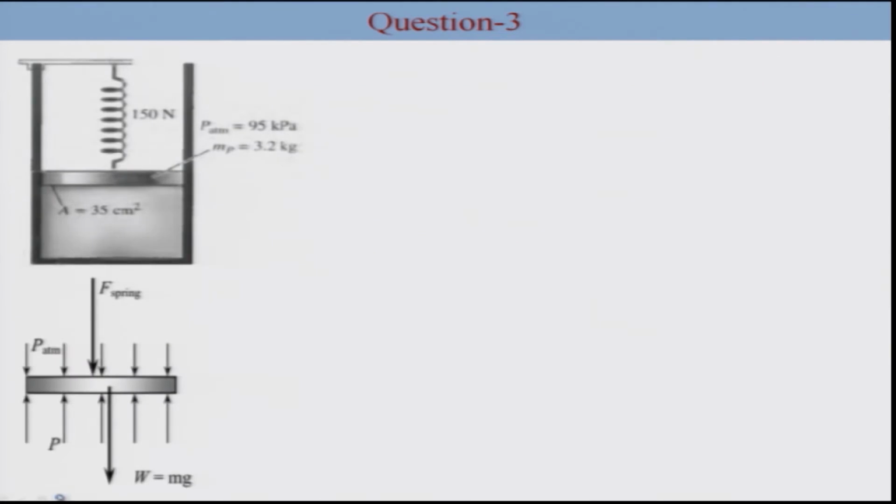So, the force balance is P, which is this upward pressure. P multiplied by area is the force which is acting upward. This is equal to all the forces which are acting downward. So, force due to atmospheric pressure is P atmosphere multiplied by area, plus the weight, which is mass multiplied by acceleration due to gravity, plus force because of the compressed spring.